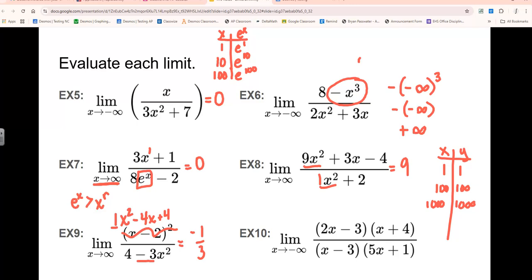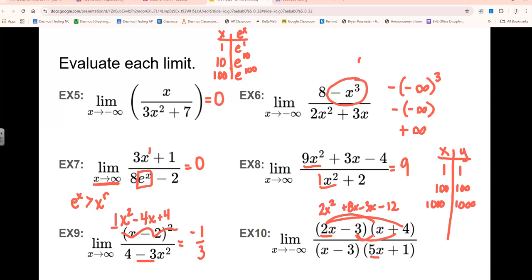Which, looking at number 10, I should really probably change this problem because you could get this one right with the wrong reasoning. For this, you could look for exponents being the same, and just look at like, oh, I got a 2x and a 5x, and I would divide those. But is that really what we're doing? We're thinking about what this looks like when it gets multiplied out, right? So you got a 2x squared. Does any of the rest of it really matter? Not really. If I did it, I would get plus 8x minus 3x minus 12.